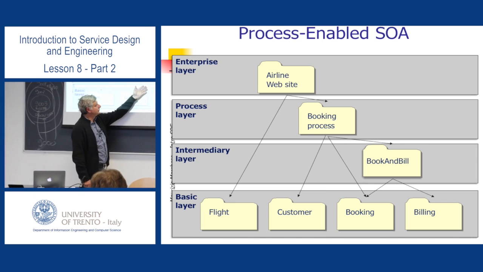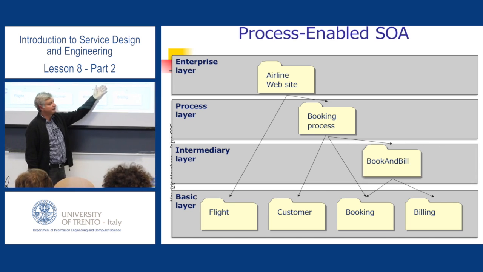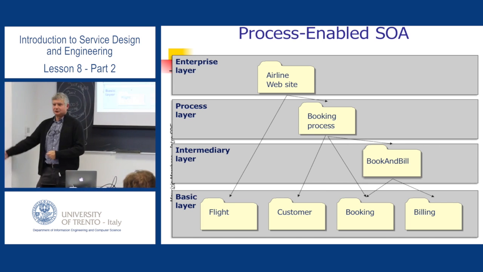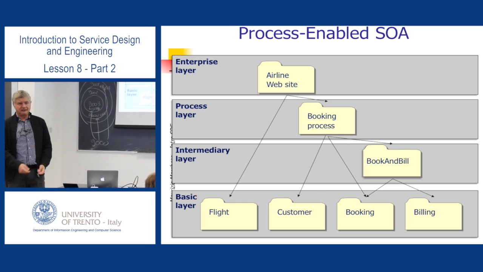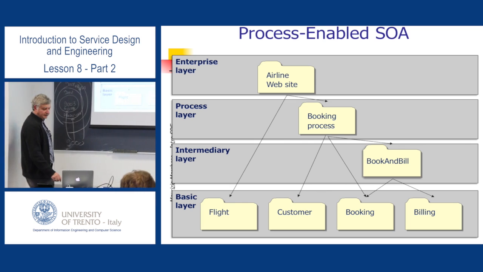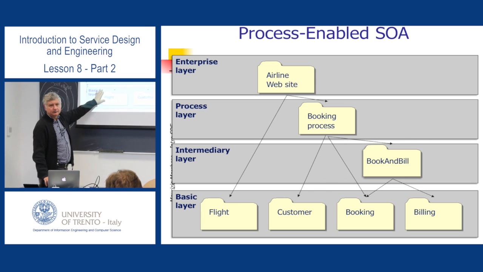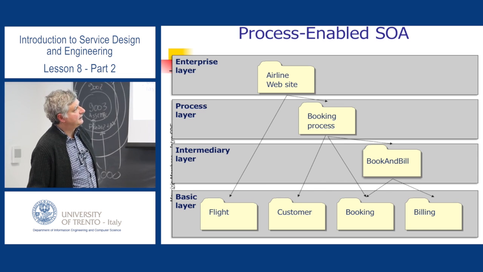And then you need to go to the booking, and then you have to go to book and bill, because this has to be wrapped together: you pay and you have to be sure that you get the ticket. So it must be done within a transactional kind of environment. And these are the so-called process-enabled SOA. So even if it is a simple application, we can see how we can introduce these different levels one step at a time.